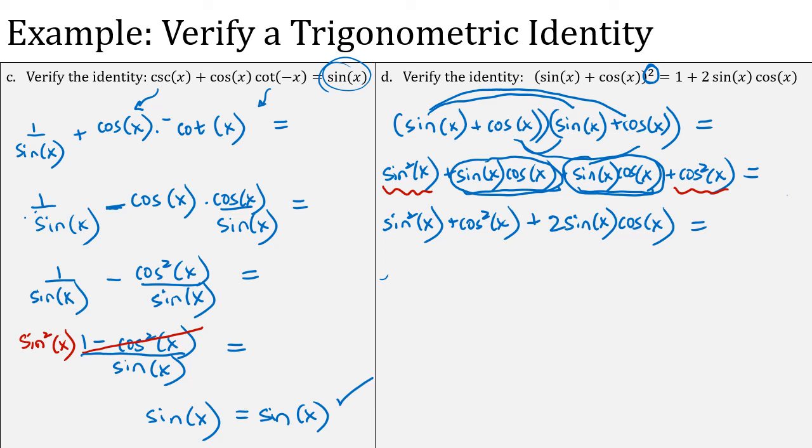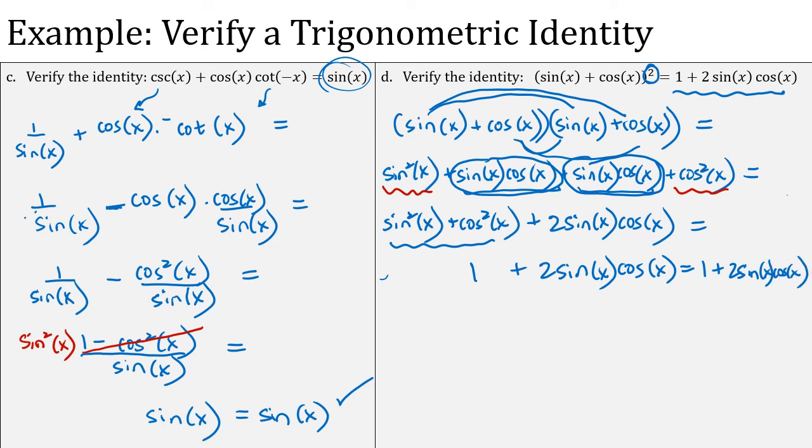But notice here that we have the Pythagorean identity, don't we? Sine squared x plus cosine squared x is simply 1. We already know that that's true. And so if I rewrite that as a 1 and then just hook on the 2 times the sine of x times the cosine of x, do you remember what we were trying to get that to equal? I think we've done it. Let's see if I can squeeze that in. Whoop, I think I got it in there. And sure enough, that checks, and I have verified that trig identity.